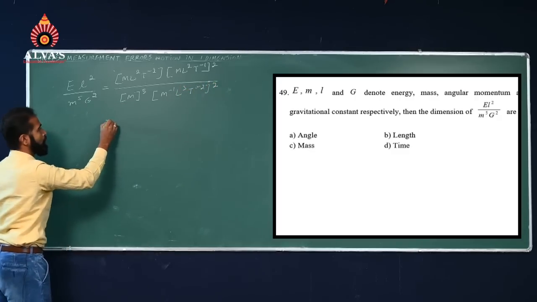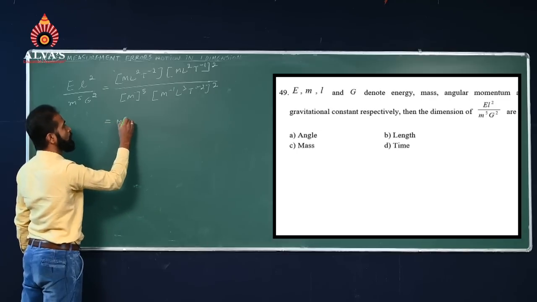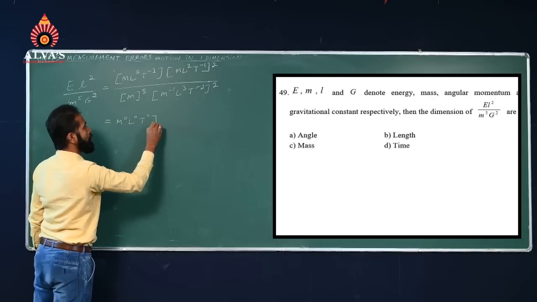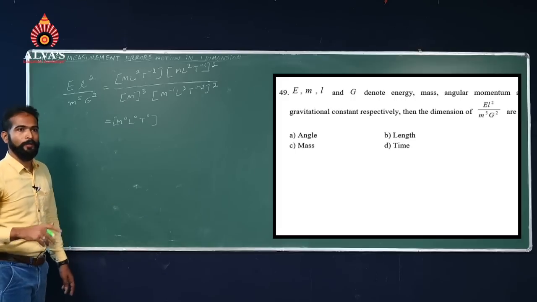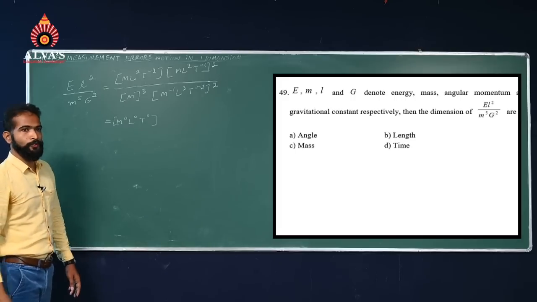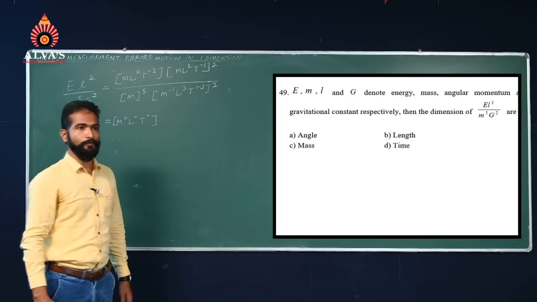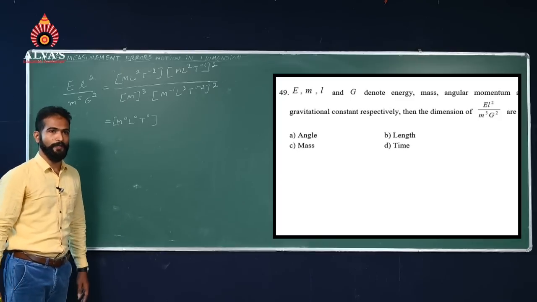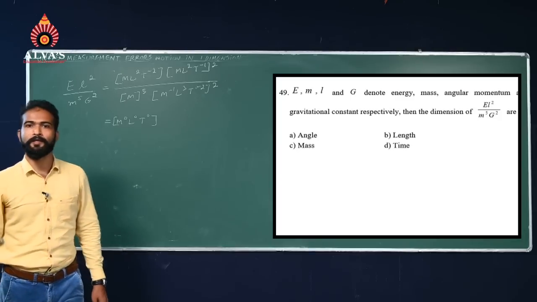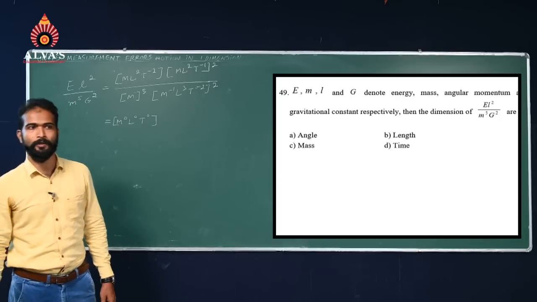So solve this, we are going to end up with M0, L0 and T0. That's an option which should not have any dimension. So out of the given options A, B, C and D, only angle is a dimensionless quantity. So the right option is option A.